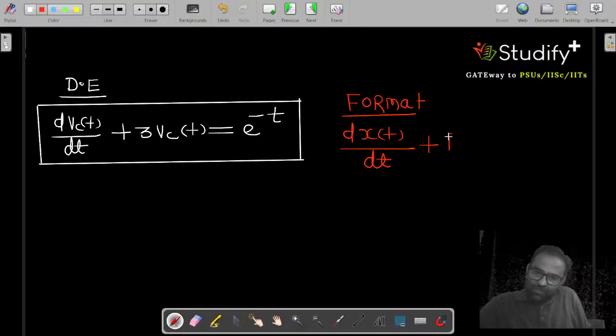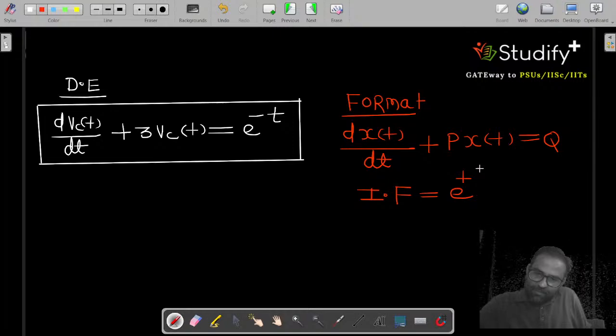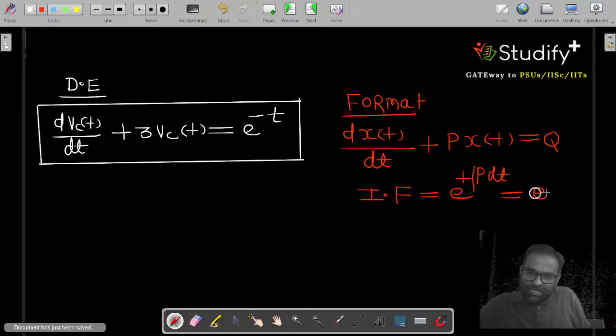And what is the solution of this differential equation? As we know, the integrating factor is given by e to the power integration of p dt. In our case, p is equivalent to 3.